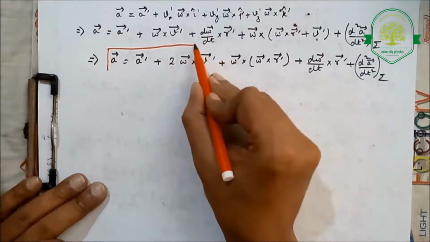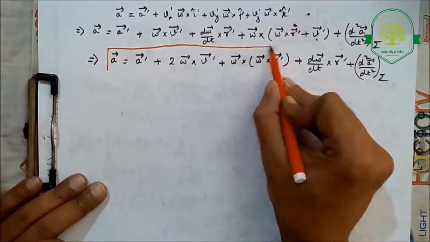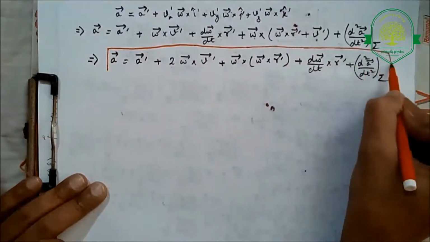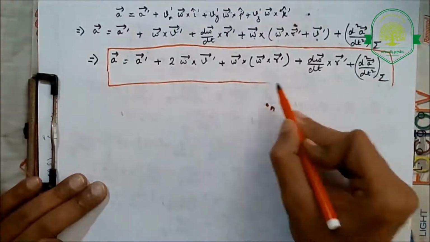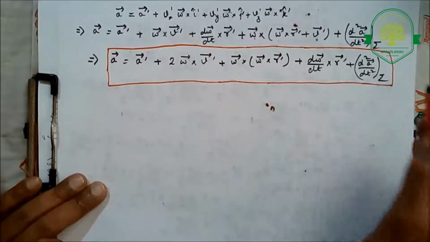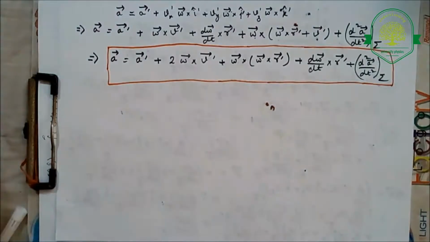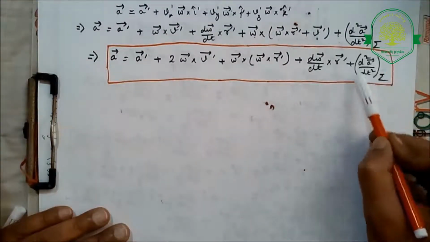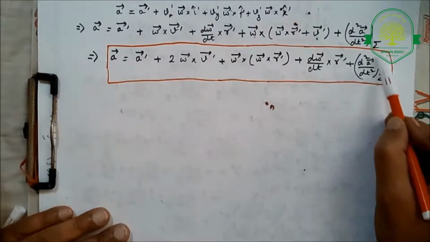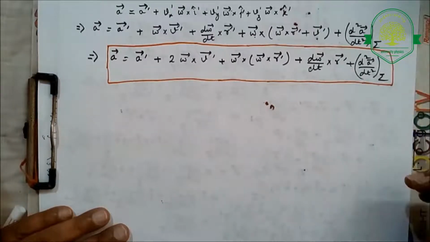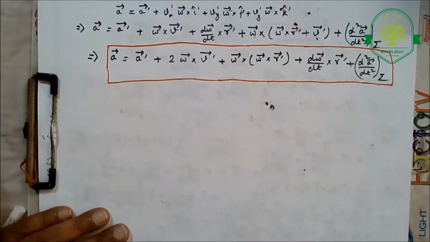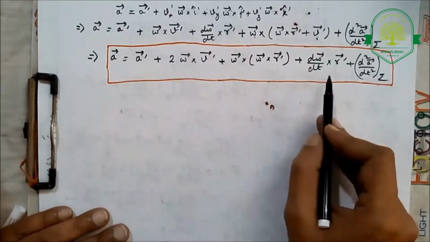A being the acceleration of a particle as seen from the unprimed frame of reference, and A prime is the acceleration of the same particle as seen from the primed frame of reference. We have this extra term. This is the pseudo force that arises from the translational accelerated motion of the primed frame itself, and the rest of the terms are actually common.